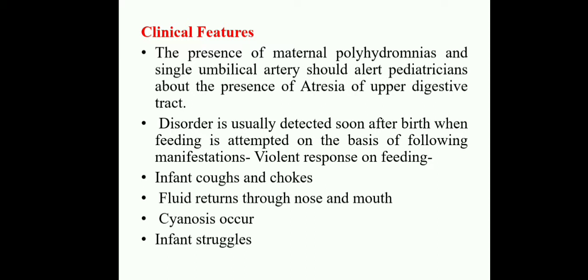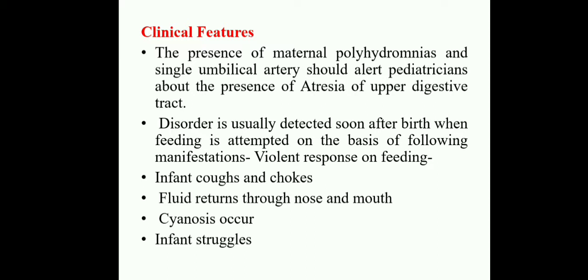At the same time the baby is coughing. Fluid, that is breast milk, returns through the nose and mouth because of the blind end. Also, there is a connection between the trachea and the esophagus, so these feeds may enter the trachea, and the child has choking and cough.